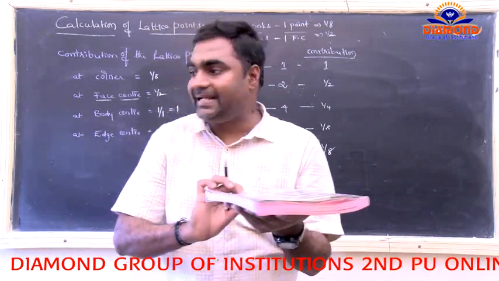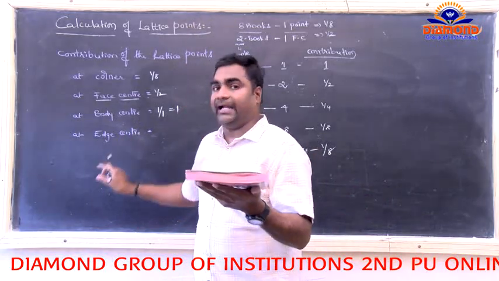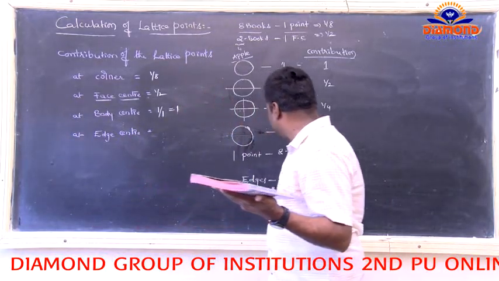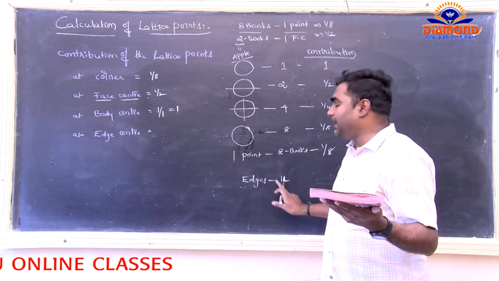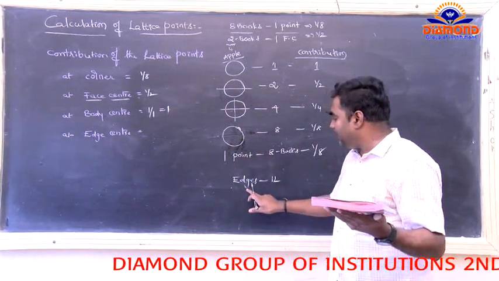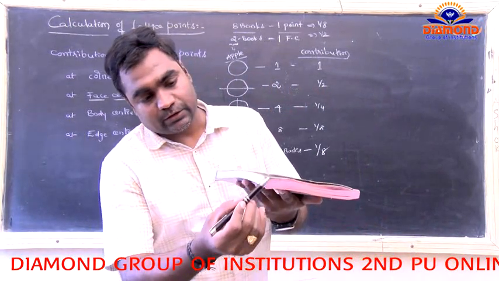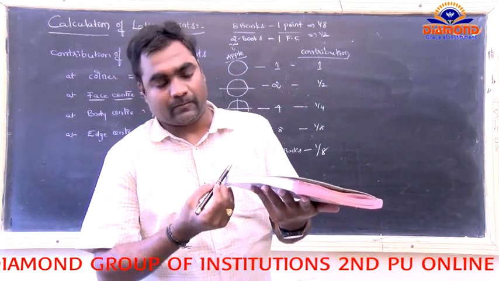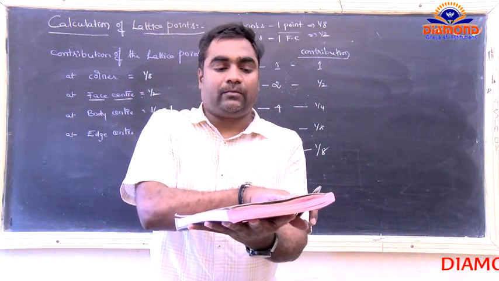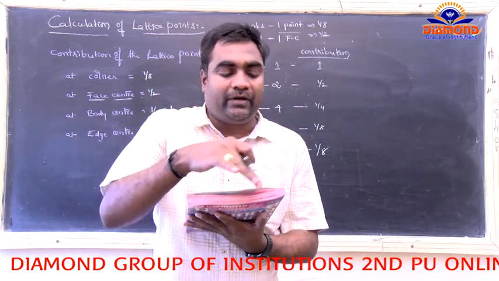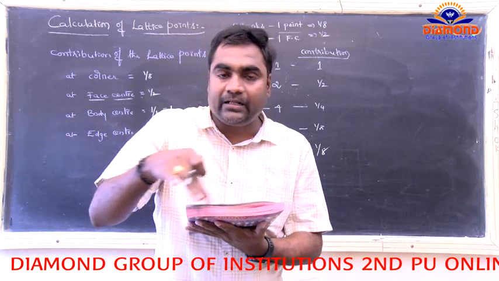Total, how many edges are there? You can get a total of 12 edges. So for any cube or cuboid, 12 edges are present. So 1, 2, 3 and 4. This side 4, this side only 2. We have to omit these 2.